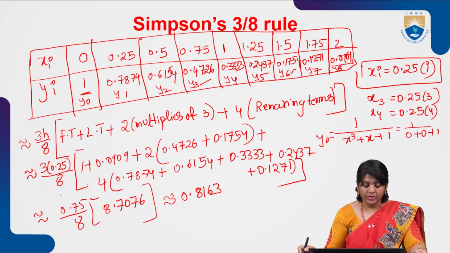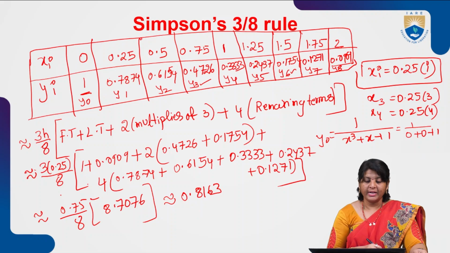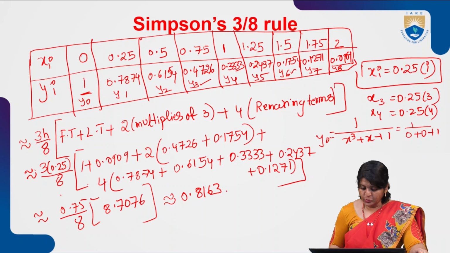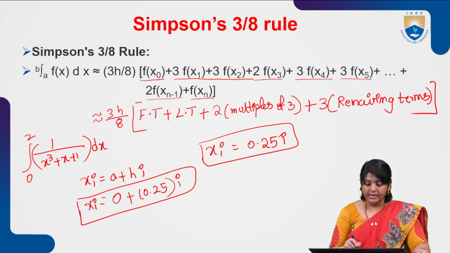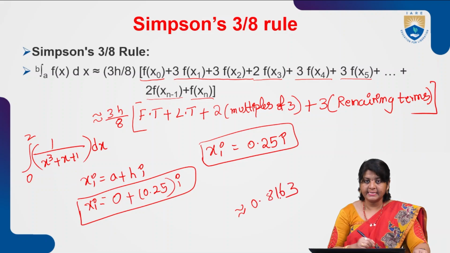By using Simpson's 1 by 3 value, we will find the approximate value, and then we will compare it with this Simpson's 3 by 8 value. So here it is 0.8163. When we used Simpson's 3 by 8, the function value we got was 0.8163.